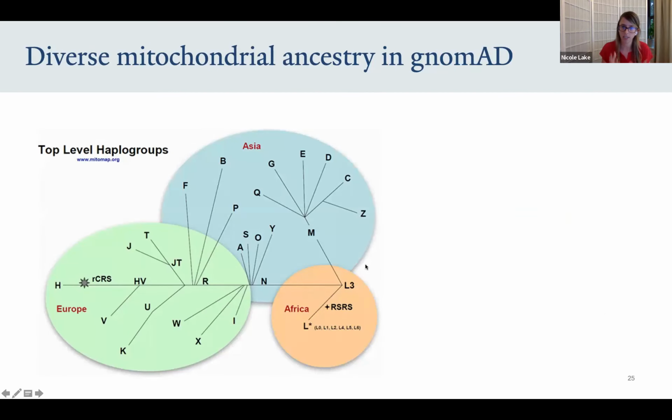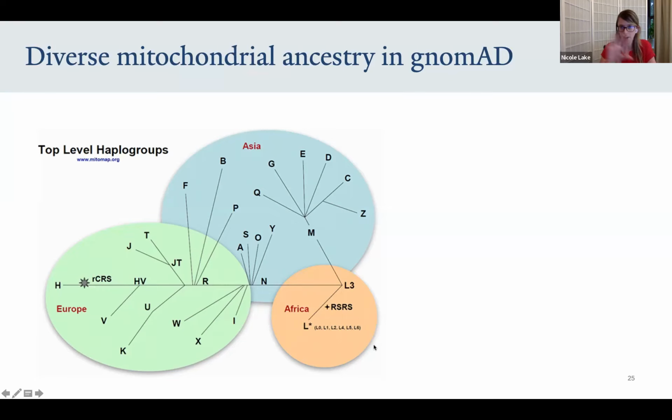So diverse ancestry is a really important consideration of a population data set. And so we were definitely interested to assess the spread of diversity, mitochondrial ancestry in gnomAD. So to refresh, everyone's mitochondrial genome can be assigned to one of around 30 top-level haplogroups, which originated with the mitochondrial Eve in Africa and evolved over evolution.